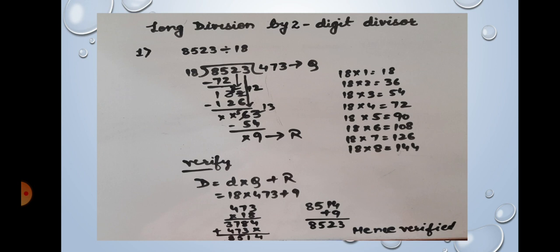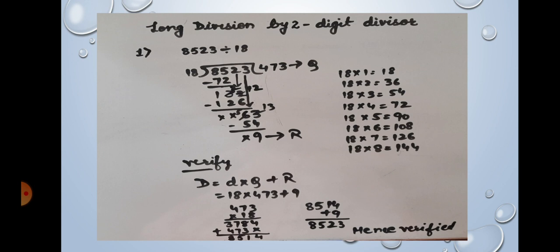As in the table of 18 we are seeing 18 fours are 72, which is less than 85 and it is closer to 85. Now after that we are going to subtract 72 from 85. After subtracting 72 from 85 we will get 13. Now after this we will be placing 2 along with 13, so we will get 132.